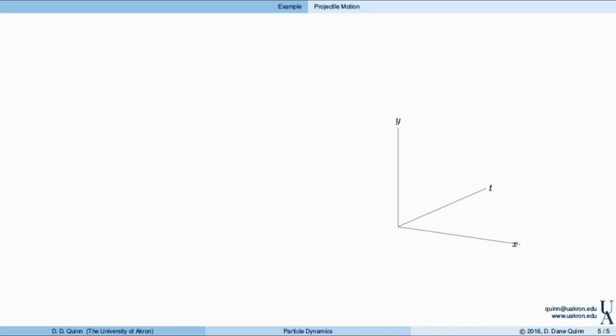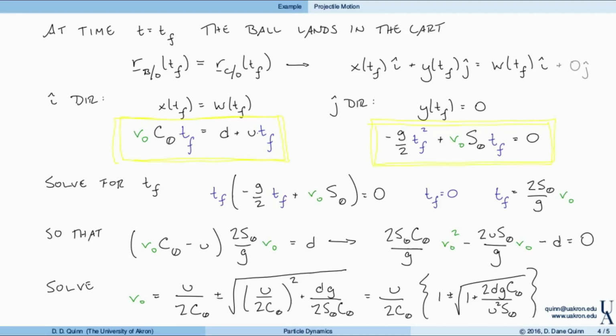So note, there are two solutions. But only one of them is positive. If I go back and look, this term under the square root is greater than 1, right?